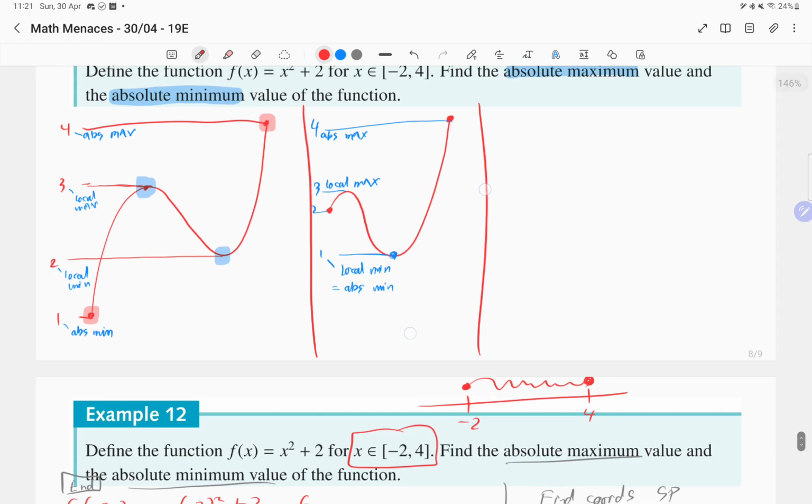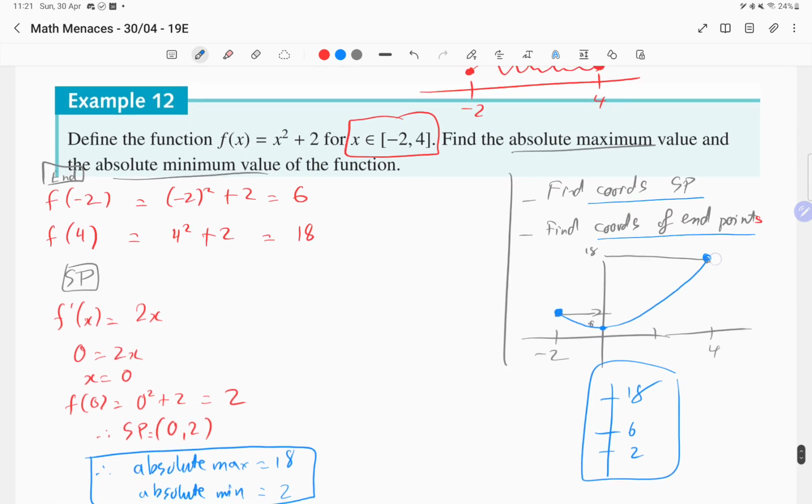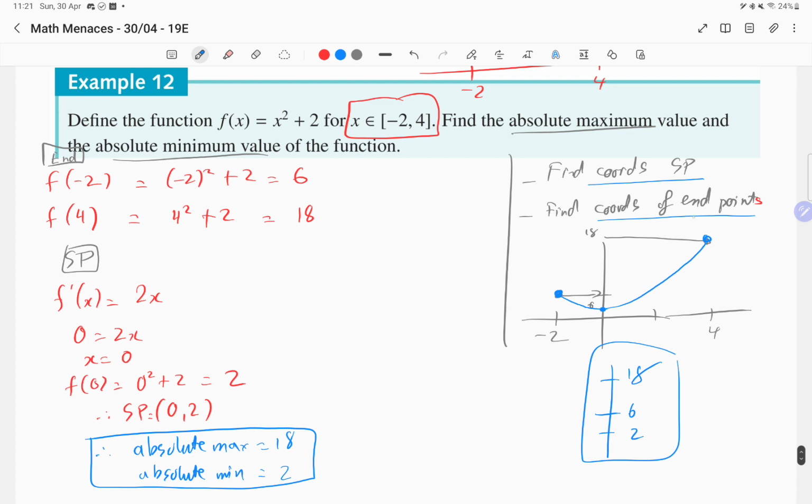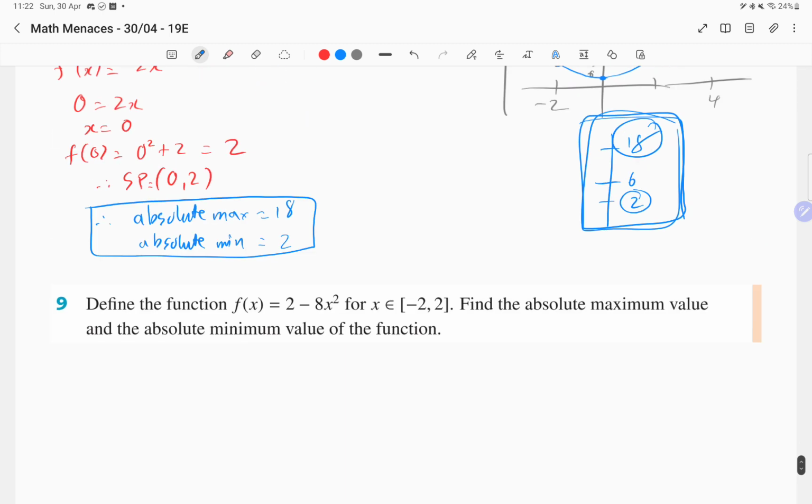But you can also have the scenario where the absolute minimum is also the local minimum if the graph doesn't actually dip below the local minimum. So to solve this one, just find the coordinates of the stationary point and the end point, and then when you lay them out in a vertical line, you can see what's the highest point and what's the lowest point of the graph. And then try question 9.